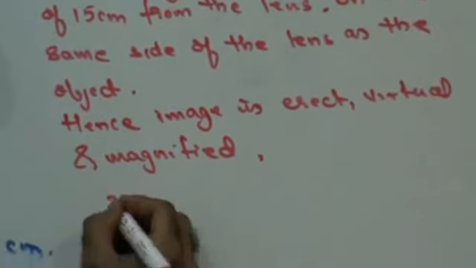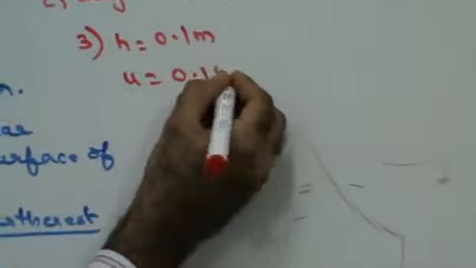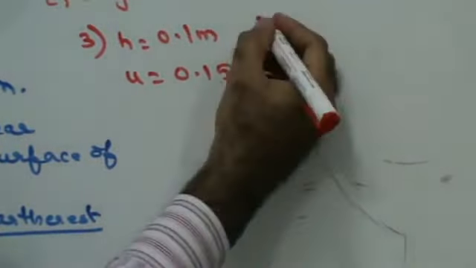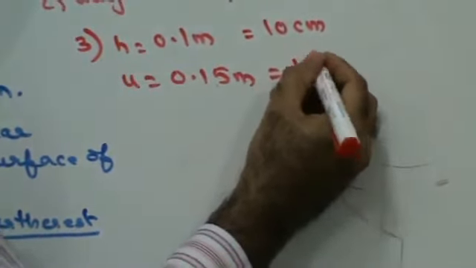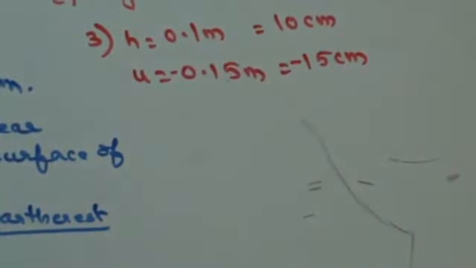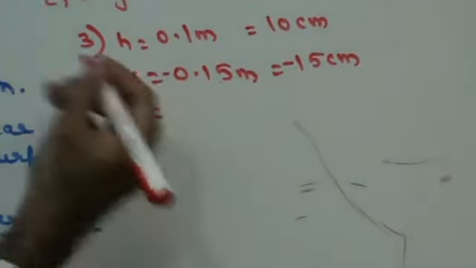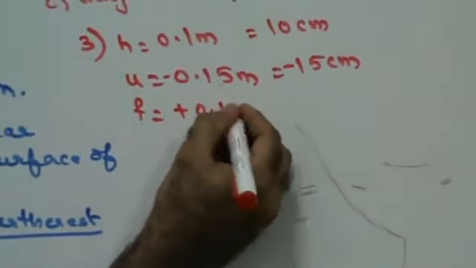Next, take our next question, please. An object of height 0.1 meters is placed at a distance of 0.15 meters from a convex lens having focal length 0.1 meter.